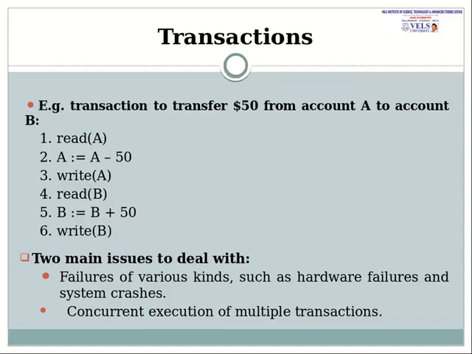The current balance is saved in account B with the write of account B. This is the simple sequence of steps for creating a transaction from account A to account B.